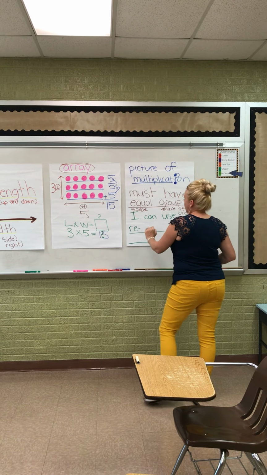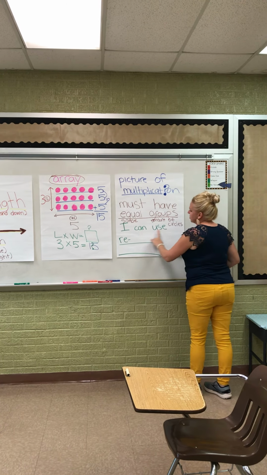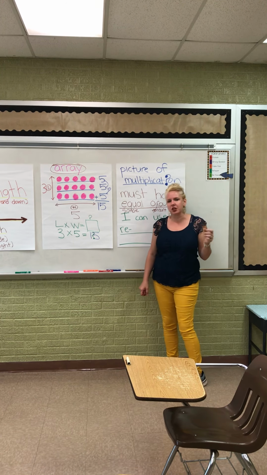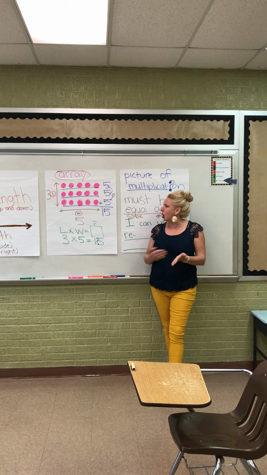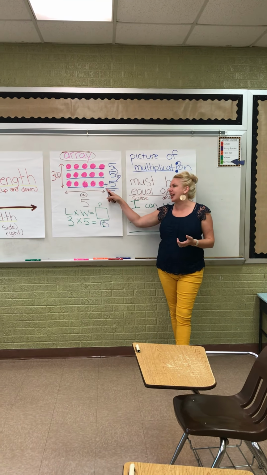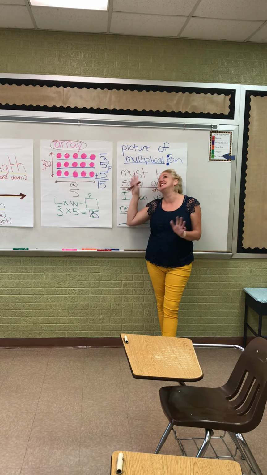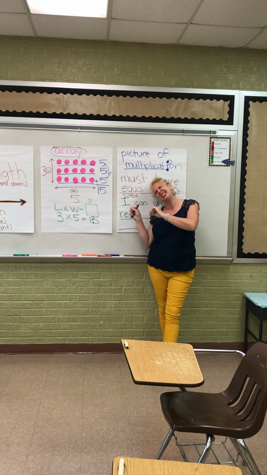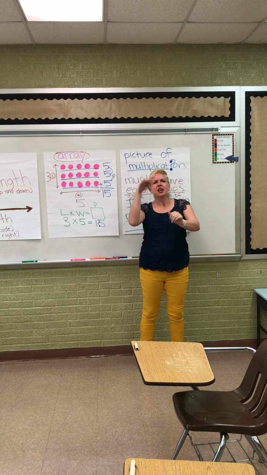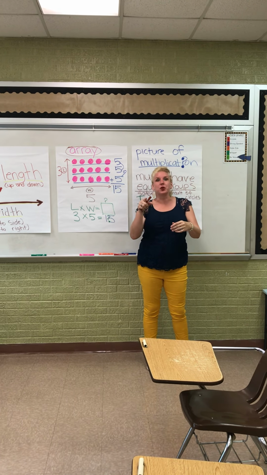All right, now, here we go. I can use re blank to solve my multiplication. Re what? It was called re when you do the same thing over again, it's re. And we were adding, so the big word for add is addition. Synonyms mean the same. Addition, add. Ooh, I know another word, sum.